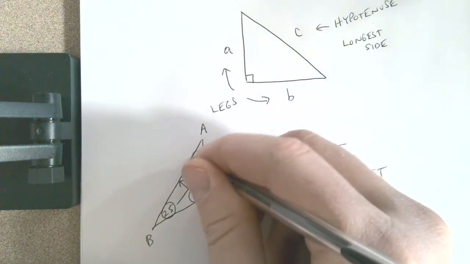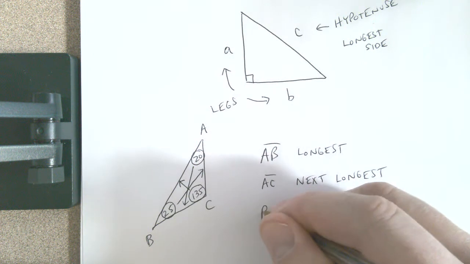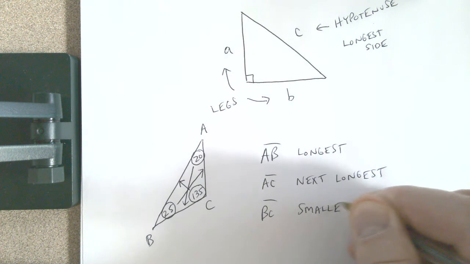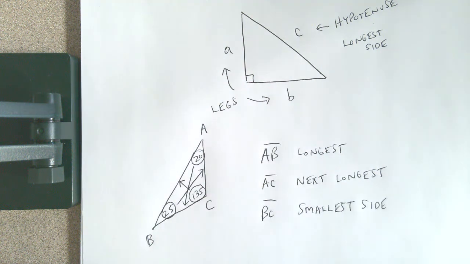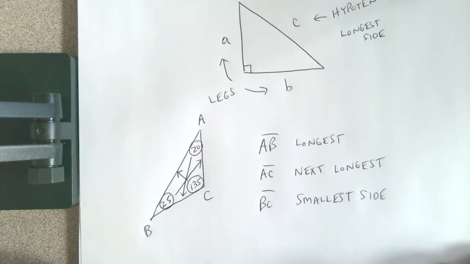And then we know that 20 is the smallest angle, so the smallest side would be BC. Pretty easy to identify within a right triangle because the hypotenuse will always be opposite of the right angle. And that's important when you're checking your values, when you're solving some of these problems.